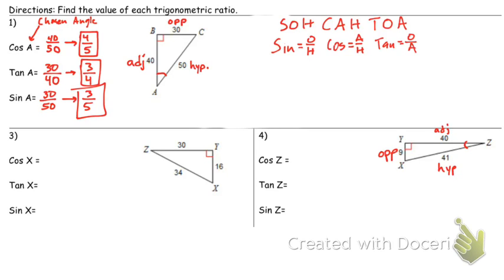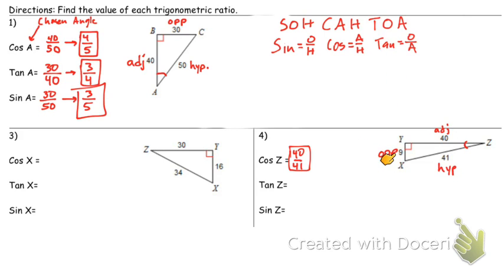Okay, now let's go ahead and plug them into the formula. So cosine, we now know, is going to be adjacent over hypotenuse. So we go adjacent over hypotenuse. So 40 over 41. And then that cannot be reduced. There's your answer. Tangent of Z is going to be opposite over adjacent.